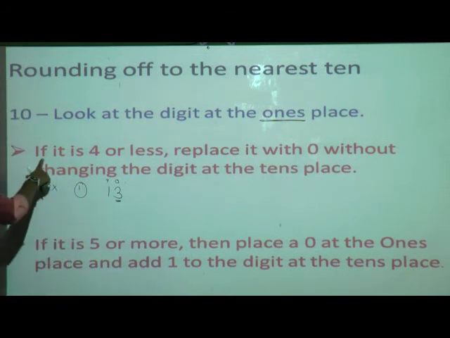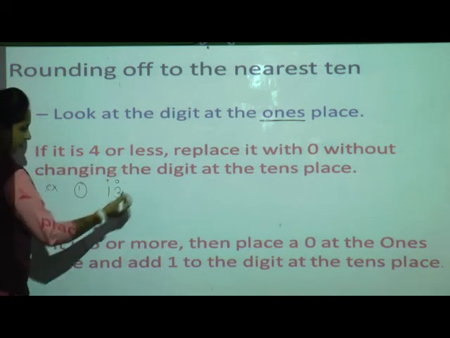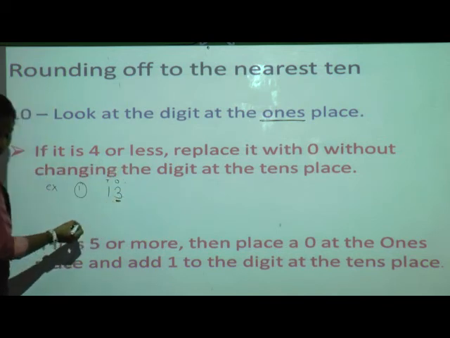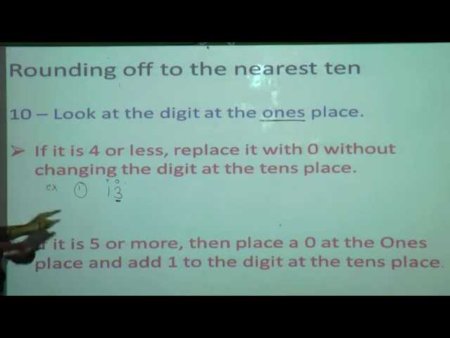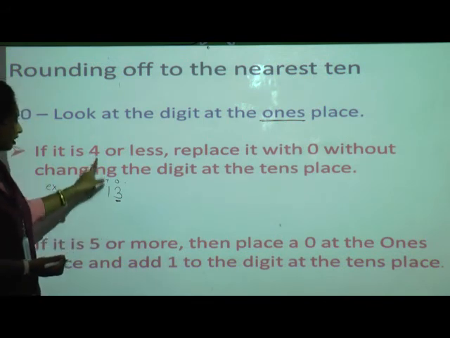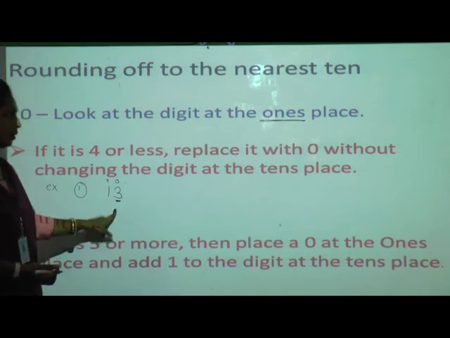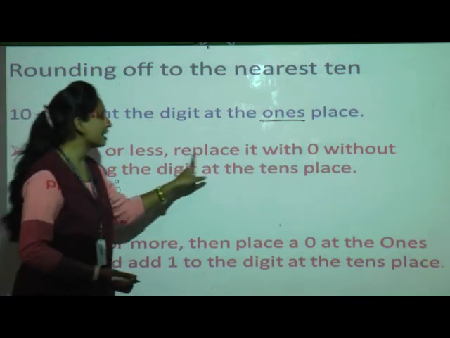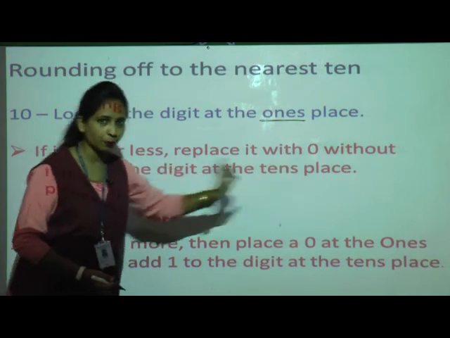And next, what is it? See, if it is 4 or less in the ones place. Is it 3? It is 3. So of course it is less than 4. Then what do we have to do? Replace it with 0.